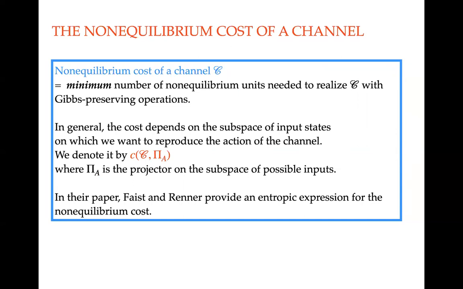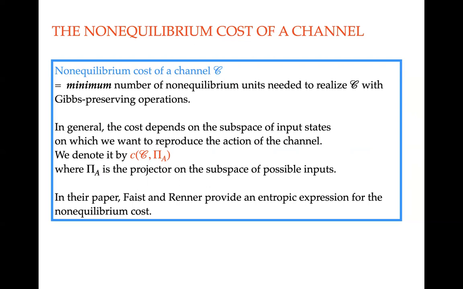In general, what you find is that the cost depends on what set of inputs you want to realize your channel on. You may want to realize the channel just on a restricted set of inputs. So you could have a subspace of the total Hilbert space where you really want to reproduce the action of C. So the cost will depend on the channel and on the subspace of inputs where you really want to implement this channel accurately.